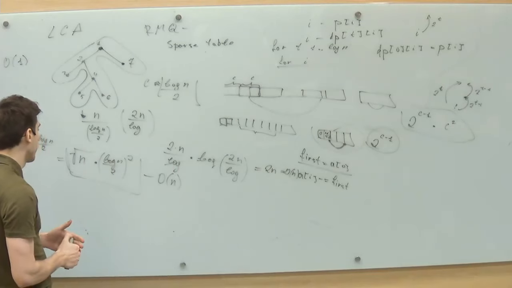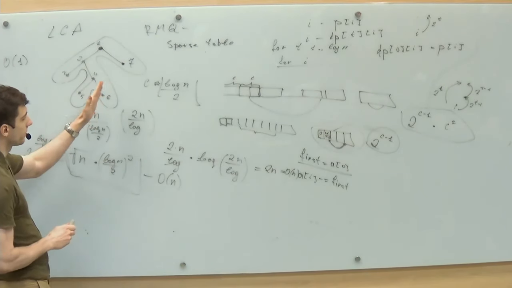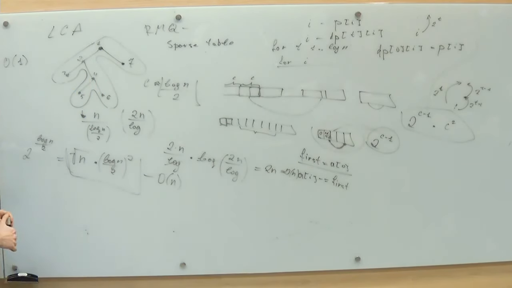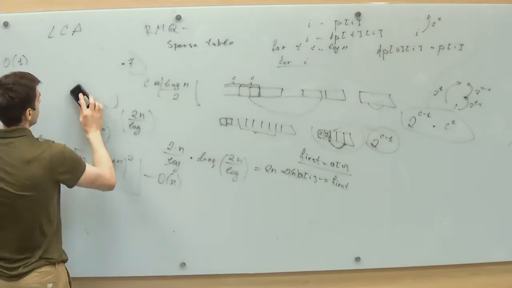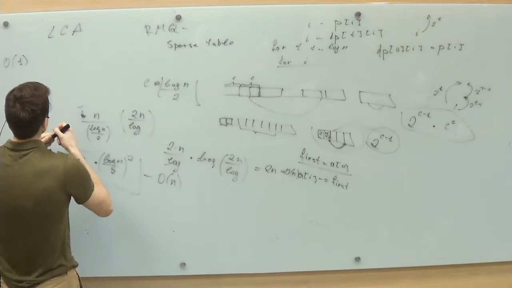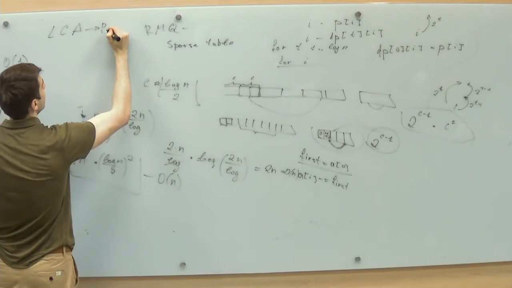But if, for example, you have smaller n, the method we were talking about previously, which is asymptotically not optimal, could show better results, because the data is not large enough. So this way we have looked at how we can reduce the LCA problem to the RMQ problem.